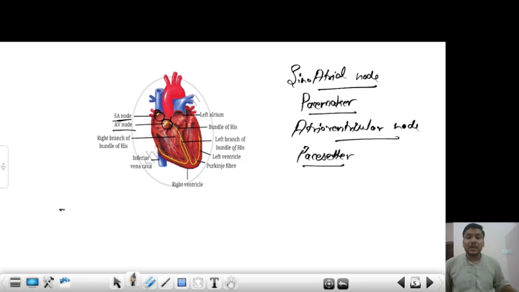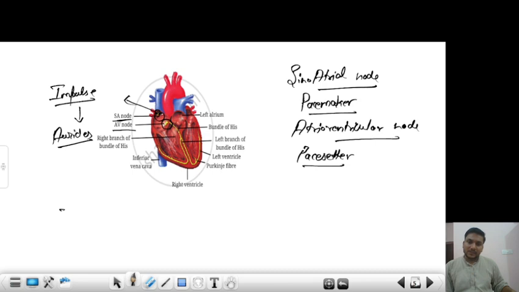The function of the SA node is to create the impulse which travels to the auricles. That is, it is responsible for the impulse which creates the contractions in the auricles of the heart.